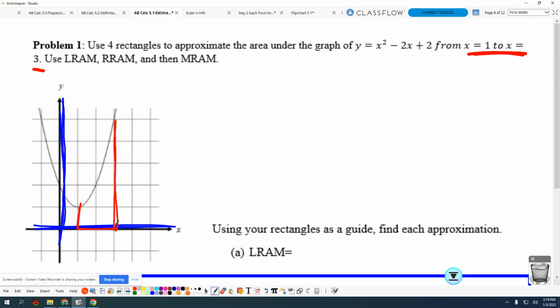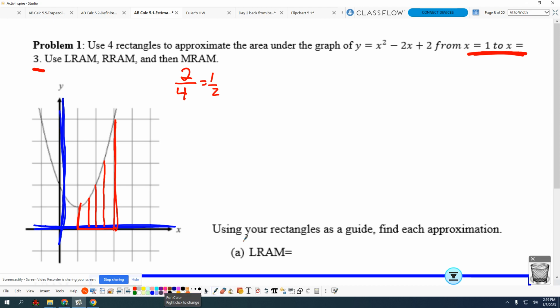Read the problem. Oh, 4. So how big is every little slice that I'm going to cut? So I need to go 2 units and I need to cut it into 4 rectangles. Each slice is a half. So those are my rectangle heights in there.